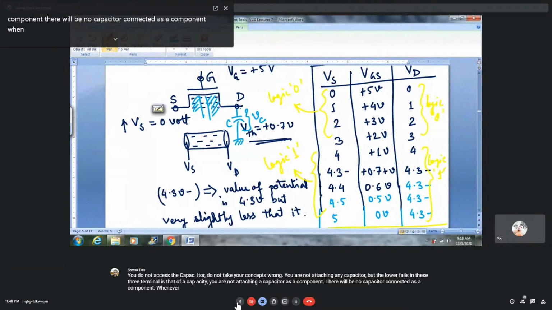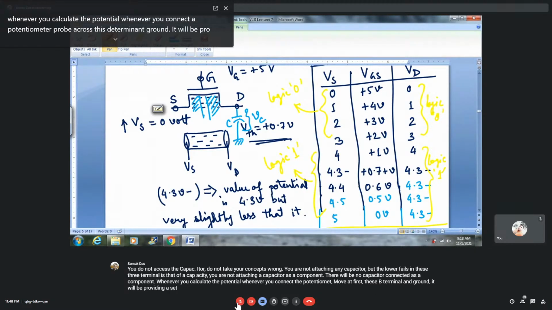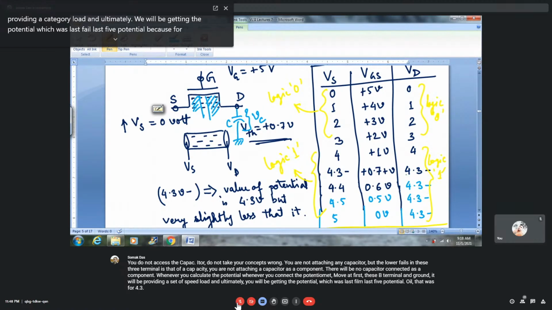Whenever you connect the potentiometer probe across this terminal and ground, it will be providing a capacitive load, and ultimately you will get the last highest potential which was felt over here. That was 4.3 volts, that is VDD minus VTH, that was passed.